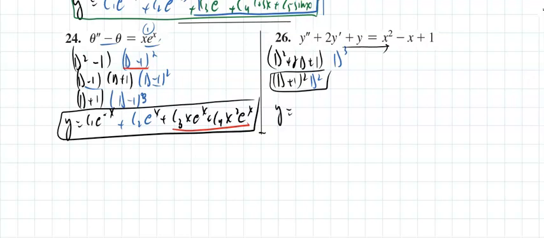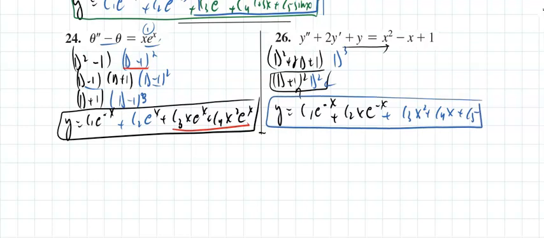The solution to that is this part will give c sub 1 e to the negative x plus c sub 2 x e to the negative x plus c sub 3, let's see, the second derivative, that will be x squared plus c sub 4 x plus c sub 5.